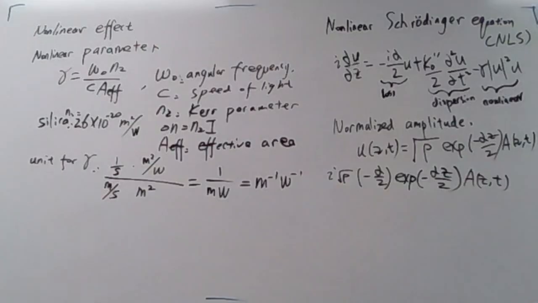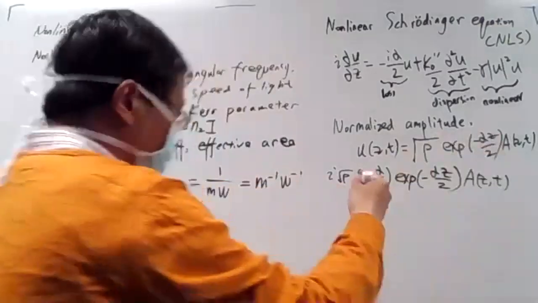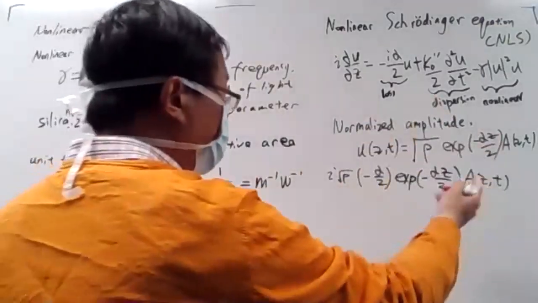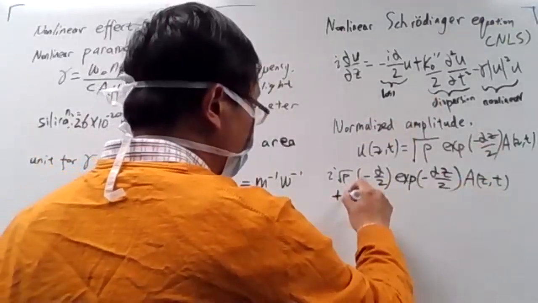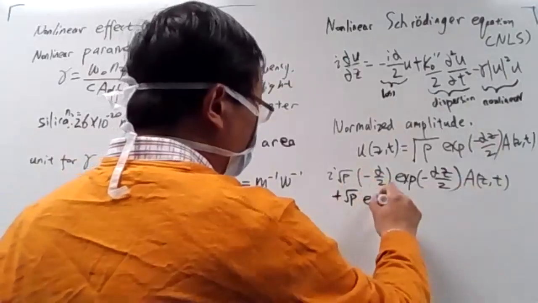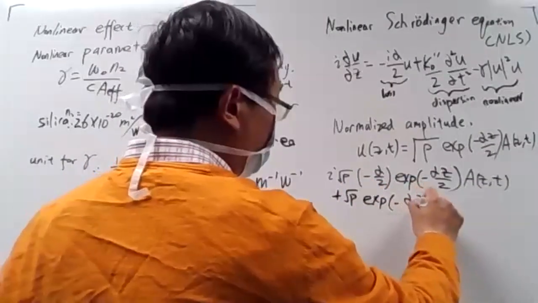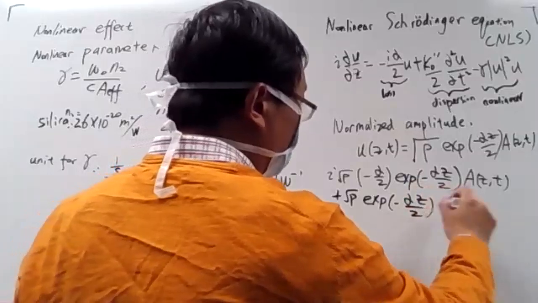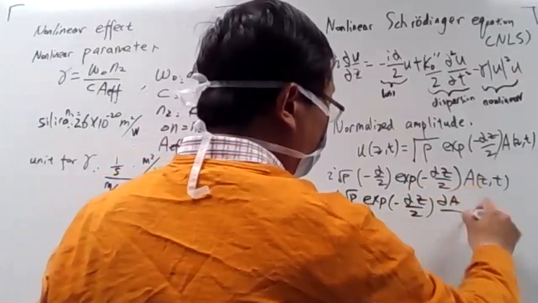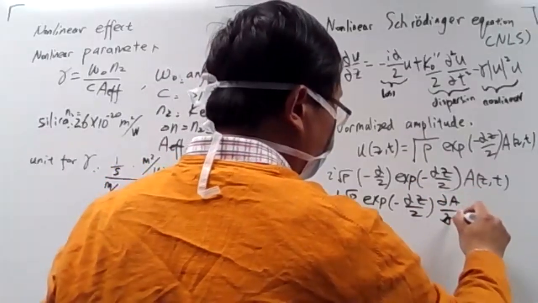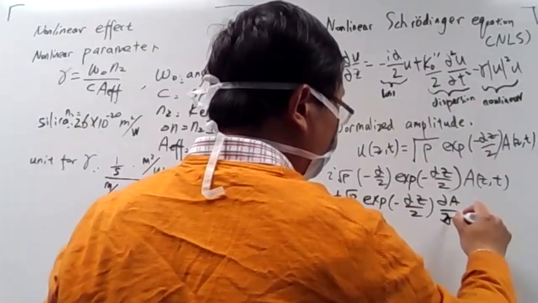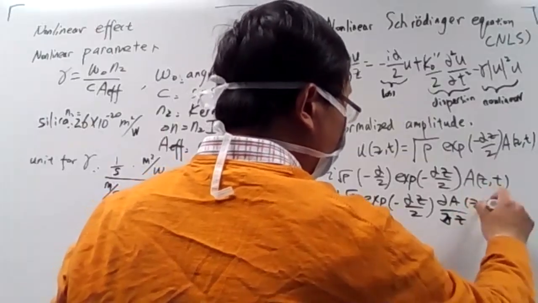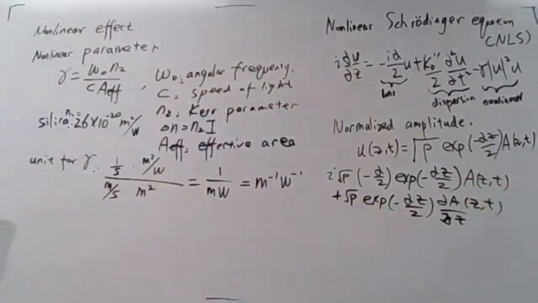That's the first derivative on the first piece, exponential. Then now we have derivative on A. So it's plus square root of P exponential negative alpha Z over 2 and partial A partial Z, ZT. Okay, that's good.